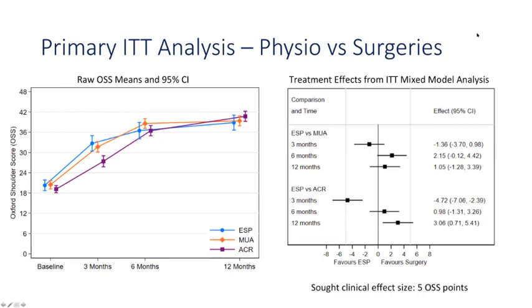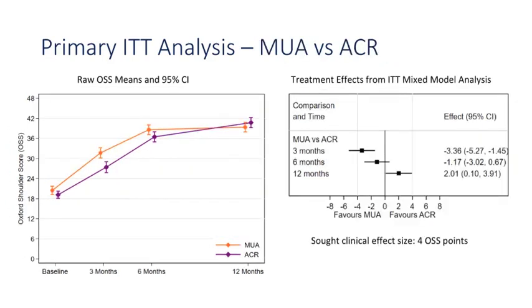At 3 months, patients who were randomized to receive the capsular release intervention had significantly worse scores, and that was because a high proportion of these patients had not yet received their treatment at 3 months. So that was because of longer waiting times to access that treatment. So the 3-month differences are basically an artifact of waiting times. But if you look at 6 and 12 months, there was no real difference between the three interventions.